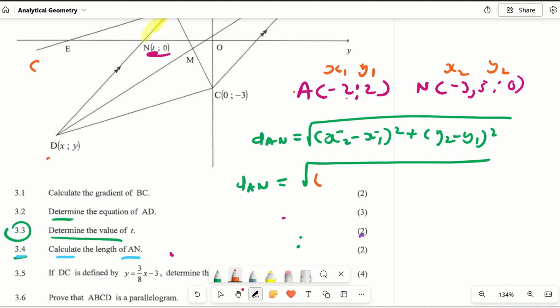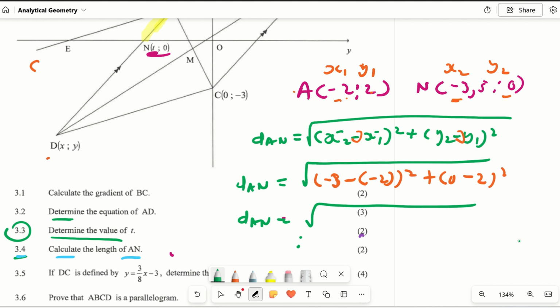X2 is minus 3.5, minus x1, which is minus 2, squared, plus y2, which is 0, minus y1, which is 2, squared. Therefore, the distance of AN equals minus 3.5 plus 2 squared plus minus 2 squared.